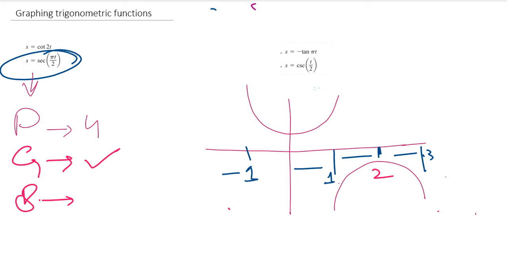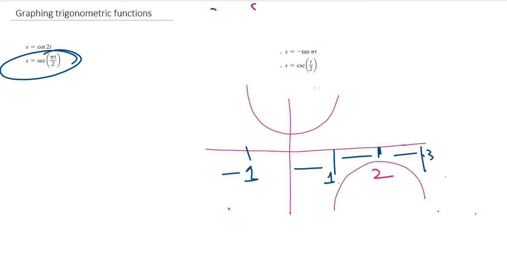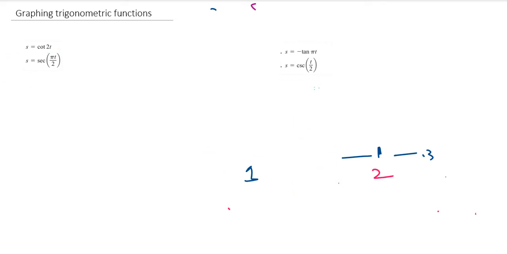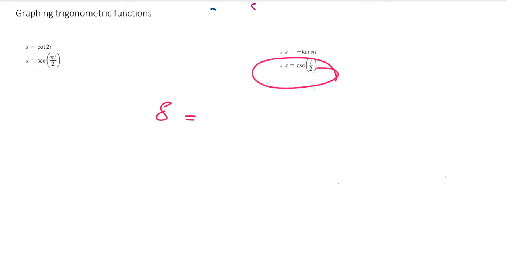I hope that you can do the last example on your own, and it's quite simple: s equals cosecant t over 2. Just remember all 3 steps that you have to do, draw the graph of the original cosecant t, and then move on to the next.